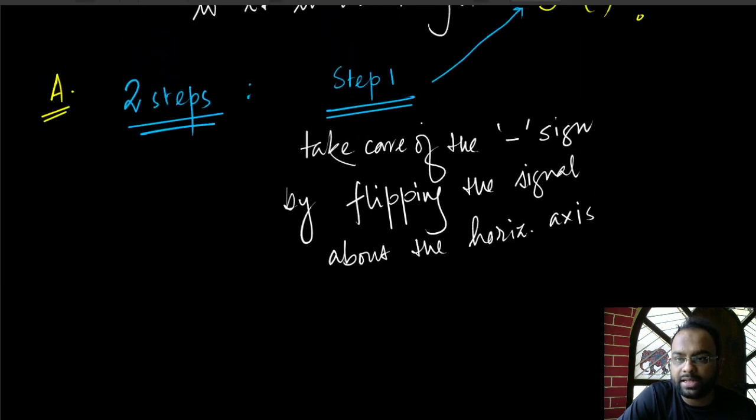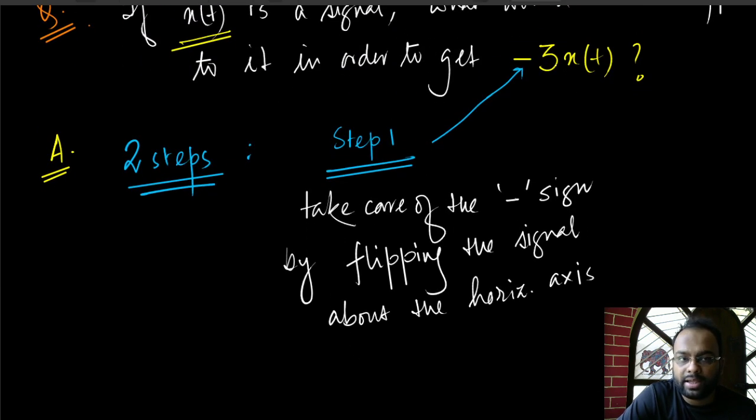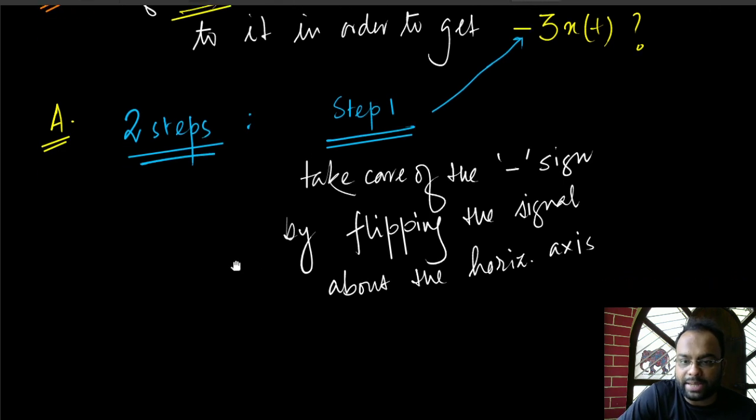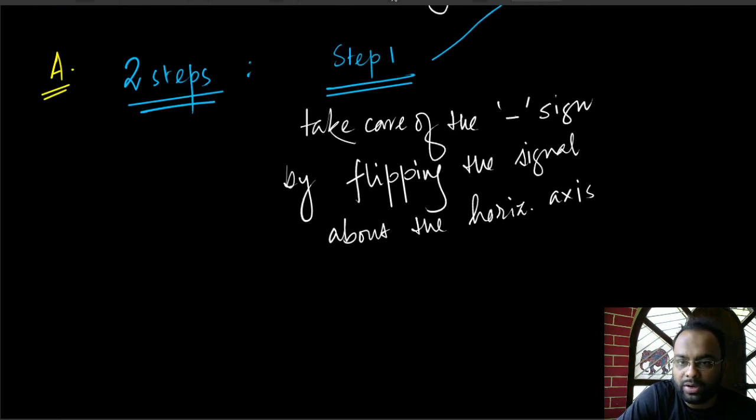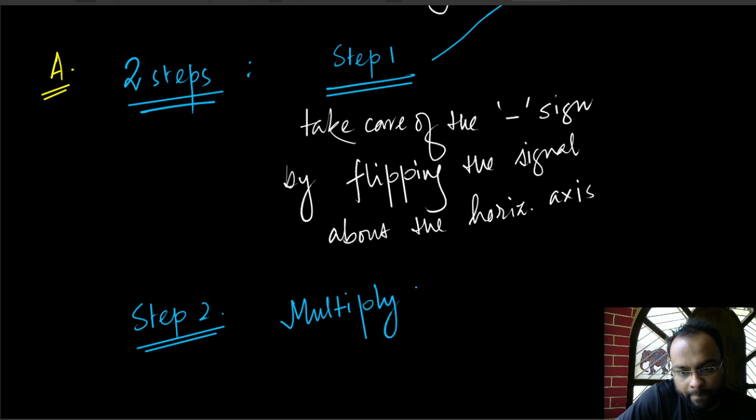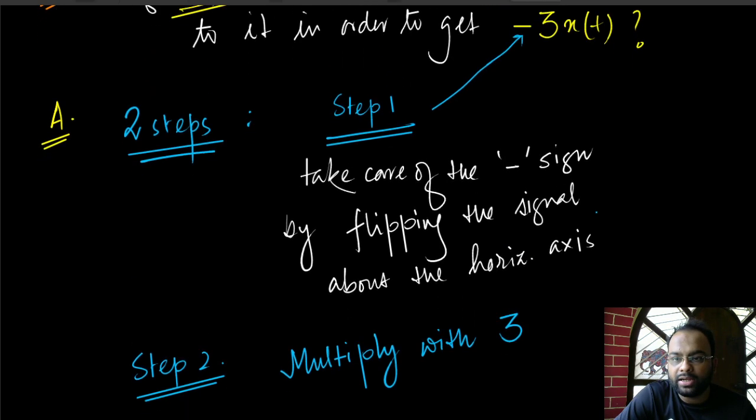We take the signal and first take care of the minus sign here, so we flip the signal about the horizontal axis. And then comes step 2. With that signal we go to step 2, multiply with 3, right?